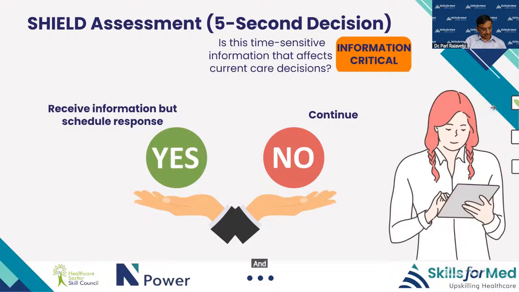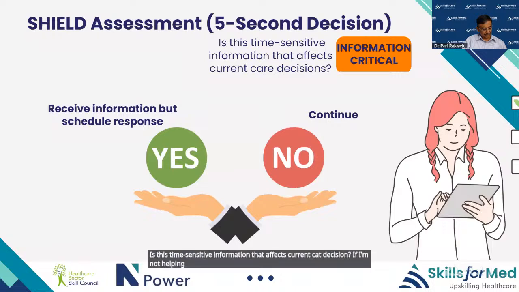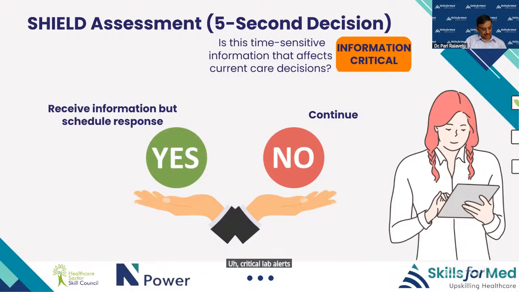The third thing is information critical. Is this time-sensitive information that affects a current care decision? For example, say your colleague has received a phone call about critical lab alerts. A critical lab alert has to be communicated immediately to the doctor to proceed, for instance a troponin level.